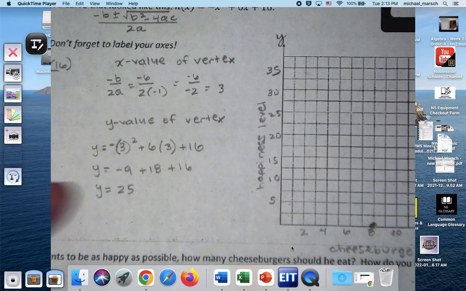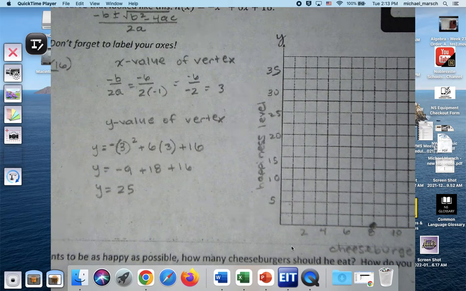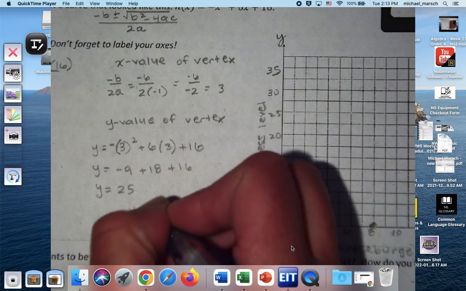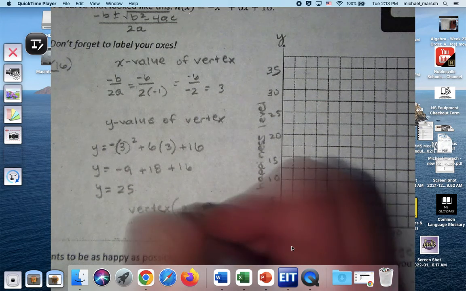So remember, we have this negative outside of the 3 squared. So you're going to get 3 squared, and then you have to keep that answer negative. Right? It's not -3 squared, it's the opposite of 3 squared. That's what that stands for right there. So our vertex is going to be 3, 25.